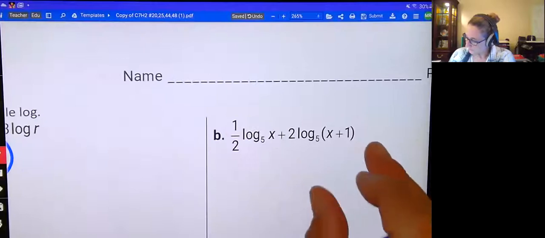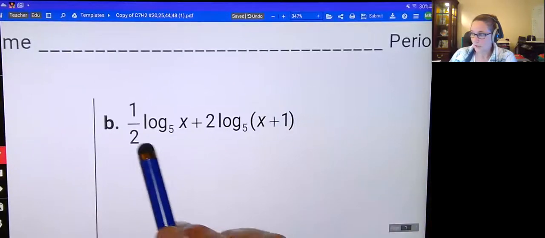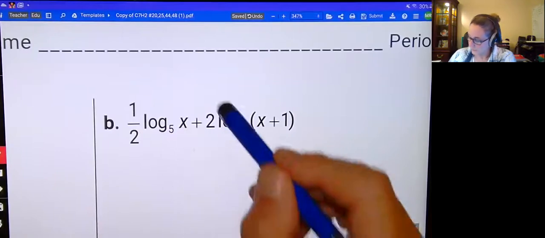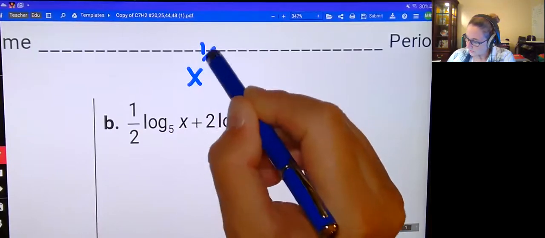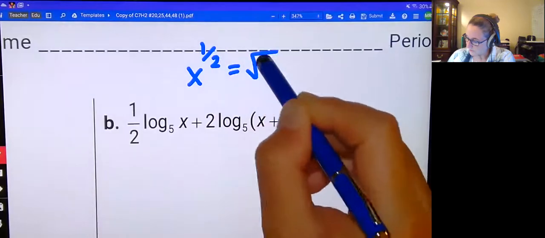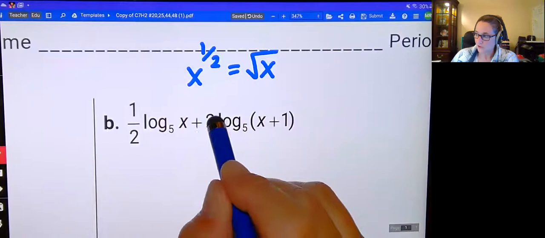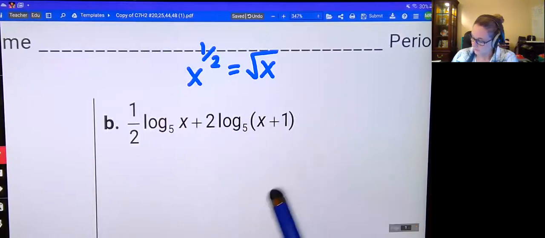Okay, next problem. So this 1/2 is going to come and make this x to the 1/2. And a little reminder that if you have anything raised to the 1/2 power, that's really the square root of x. So we're going to write it as a square root. This 2 is going to become the power of this x plus 1.